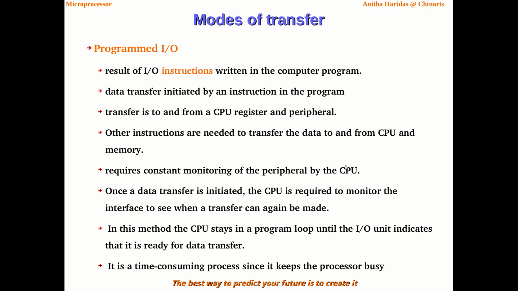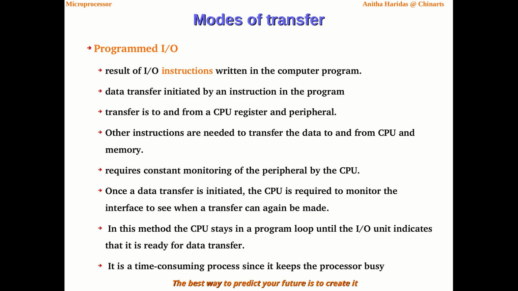Now whenever we are doing this data transfer, the important requirement in this mode of data transfer is the CPU has to constantly monitor the peripheral devices. The CPU has to constantly monitor the status of the peripheral devices.